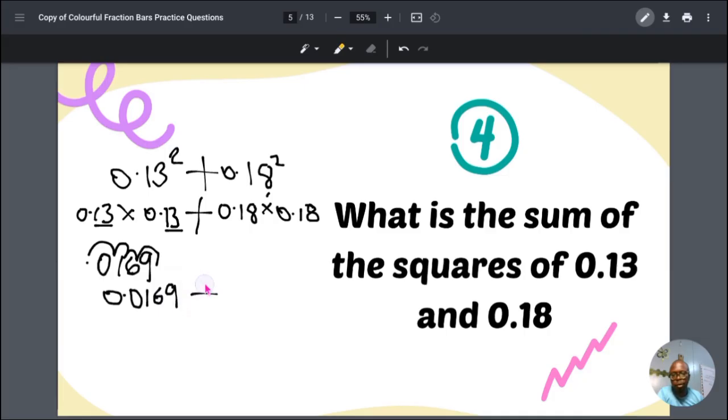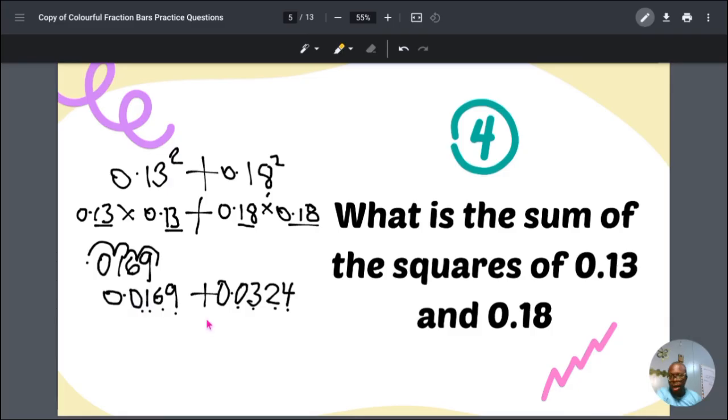Then plus, this is 18 times 18, which is 324. You also put in your 4 decimal places, because I have 2 decimal places and 2 decimal places here. You see that? So 4 decimal places will land us here: 0 point, 1, 2, 3, 4. Also here, 1, 2, 3, 4.